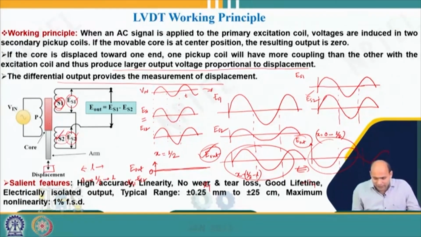That's why we get no wear and tear loss, good lifetime, and electrically isolated output. These are some of the important benefits we can achieve from this LVDT. Typical range for LVDT is plus minus 0.25 millimeter to plus minus 25 centimeter, and maximum nonlinearity is hardly plus minus 1% of full scale. Okay. So these are typical features of the LVDT.